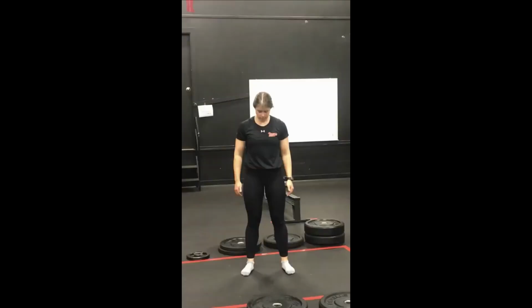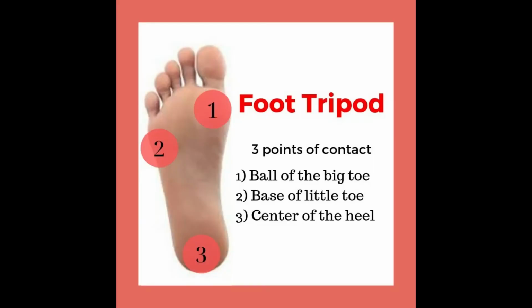What you might notice is that you're creating a bit of a natural arch in your foot. If you have collapsed arches, you might have noticed a little bit more weight on the big toe side of your foot. If that's the case, we want to create a bit more of an arch, spreading that weight into points 2 and 3 and 1 as well, a little bit more equally.